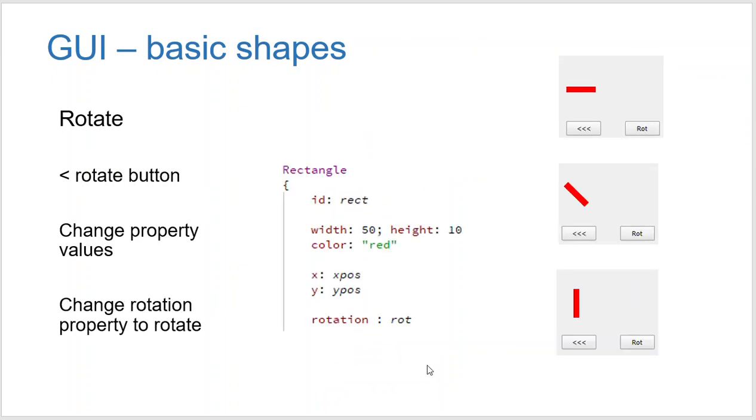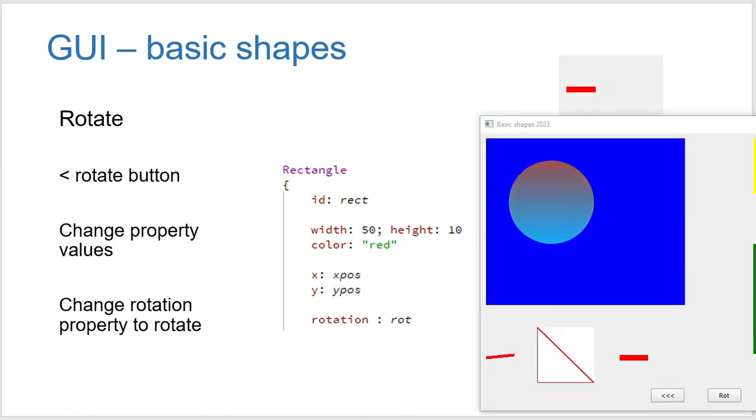And there's also the rotation property. If you would like to rotate some shapes, we could change the rotation value of our object. Same way as earlier, we will have one button that will change the value. So you can see this rectangle is rotating when I press the button.